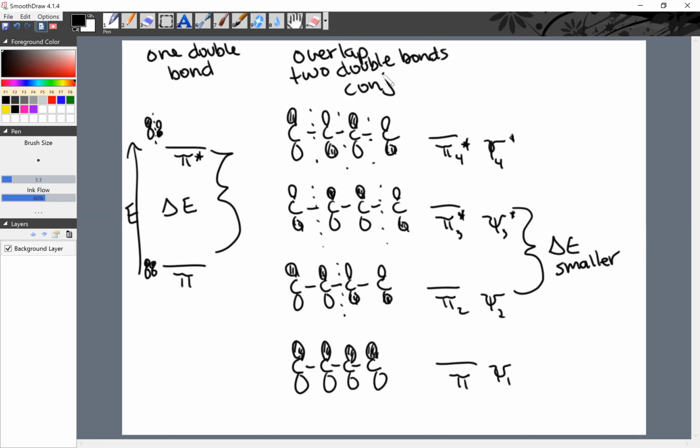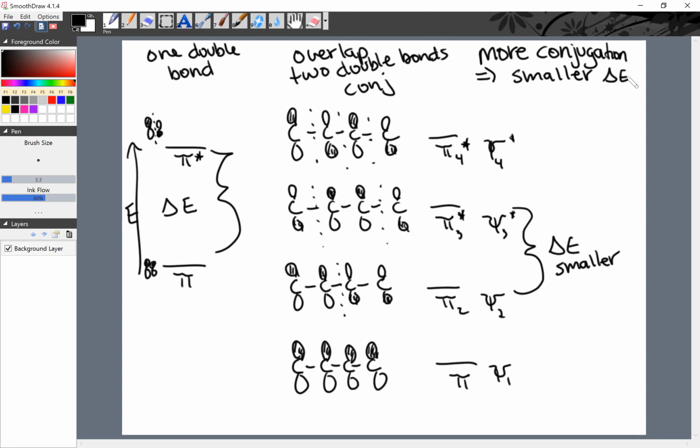If I had more, the gap would get even smaller. So the more conjugation, the smaller the delta E.